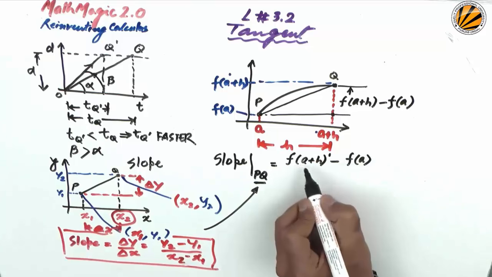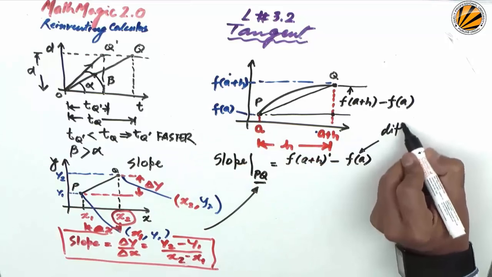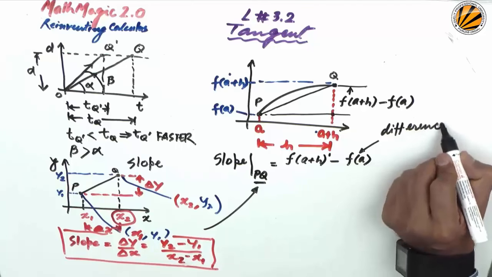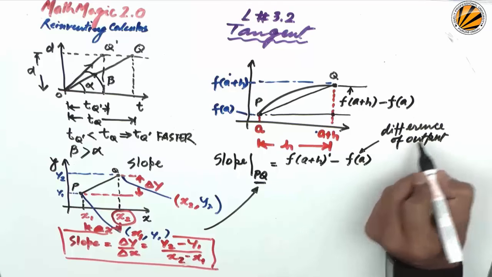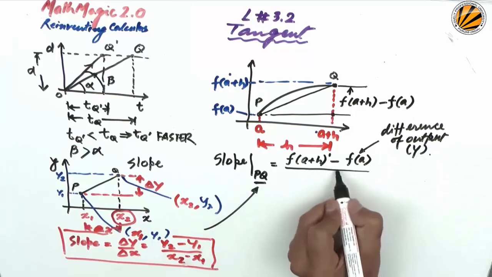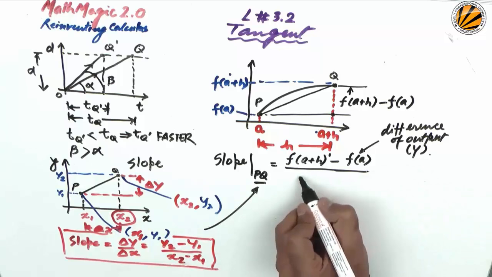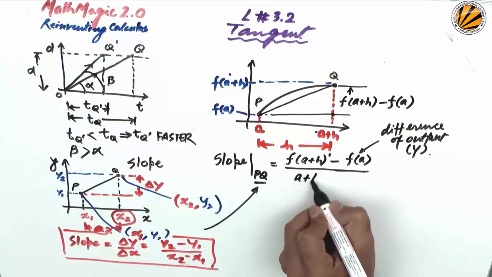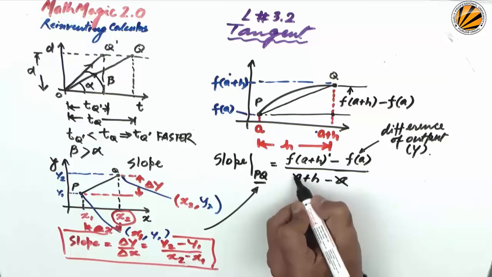This is the difference of outputs. We very well know that this is nothing but the difference in the y direction divided by the difference in the input. So the difference in the input is A plus H minus A, that is nothing but H.